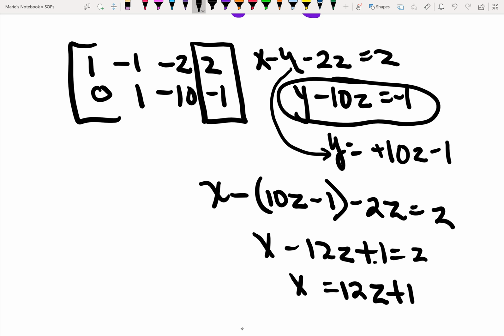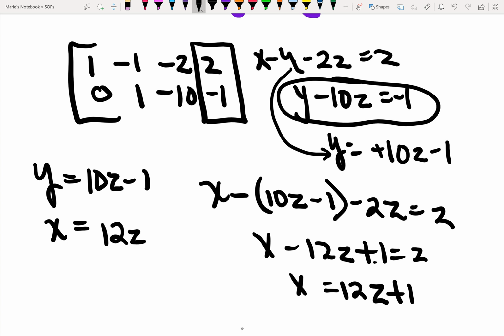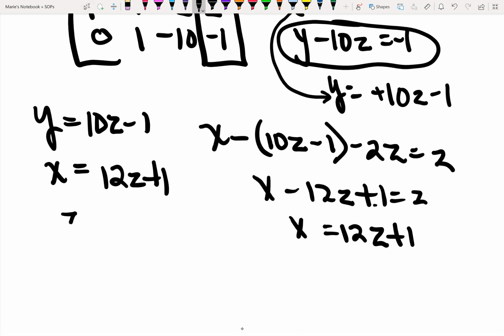I have one variable, which is y, which is equal to 10z minus 1. And I have a second variable, x, that's also defined as 12z plus 1. We don't know z. We can find a solution there. So we can say that z can be pretty much any number.